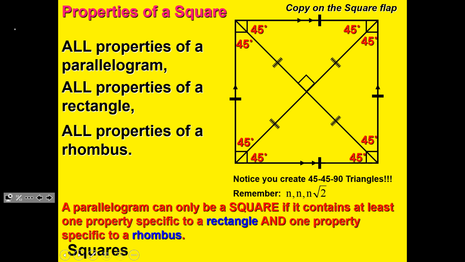And you don't have to copy everything word for word. Basically, what we should be taking away here is it's got the properties of all previous figures we talked about. And in order for it to be a square, it's got to have at least one property that was specific to our rectangles and one that was specific to the rhombus.